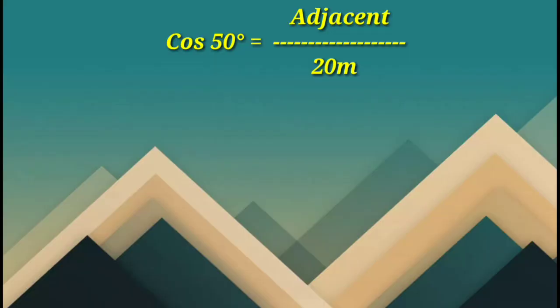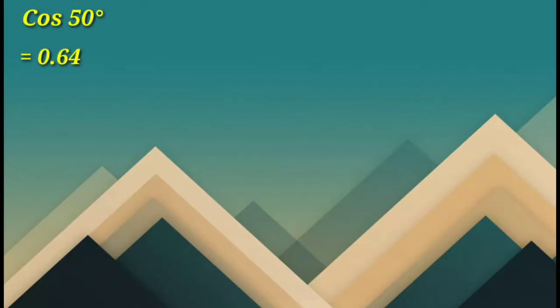So, cosine 50 degrees is equal to adjacent over 20 meters. So now, same process. We are going to find the value first of cosine 50 degrees. So the value of cosine 50 degrees is equal to 0.64. So let us proceed to the operation.